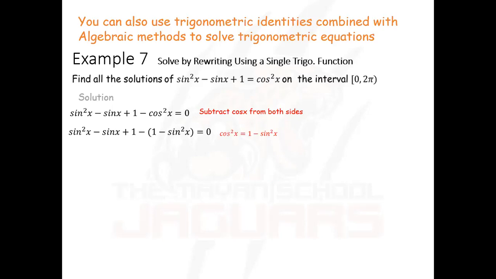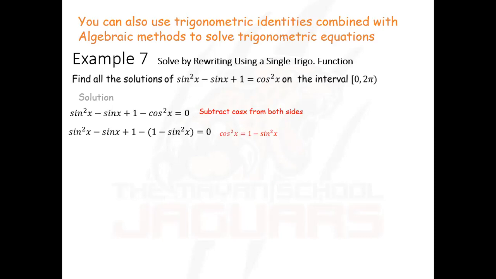And if we transform that identity, we can get the following: cosine squared of x equals 1 minus sine squared of x. So we can replace cosine squared of x with 1 minus sine squared of x.